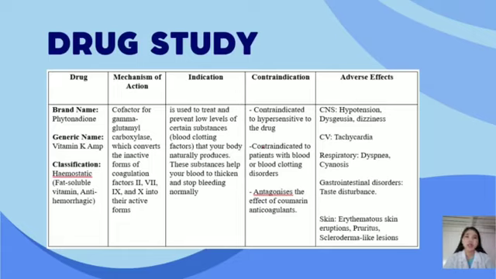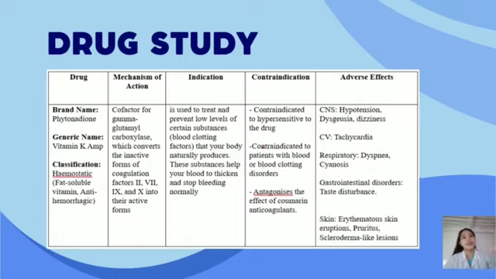And its mechanism of action is cofactor for gamma glutamyl carboxylase, which converts the inactive forms of coagulation factors. This drug is contraindicated in hypersensitivity to the drug and for patients with blood or blood clotting disorders. And this drug antagonizes the effect of coumarin anticoagulants.